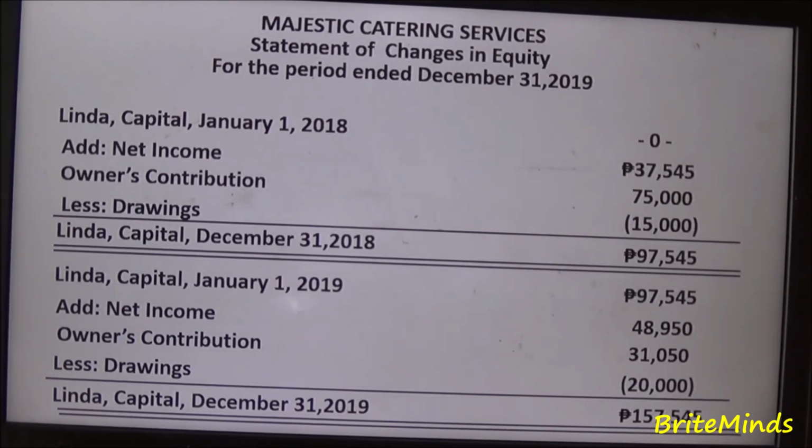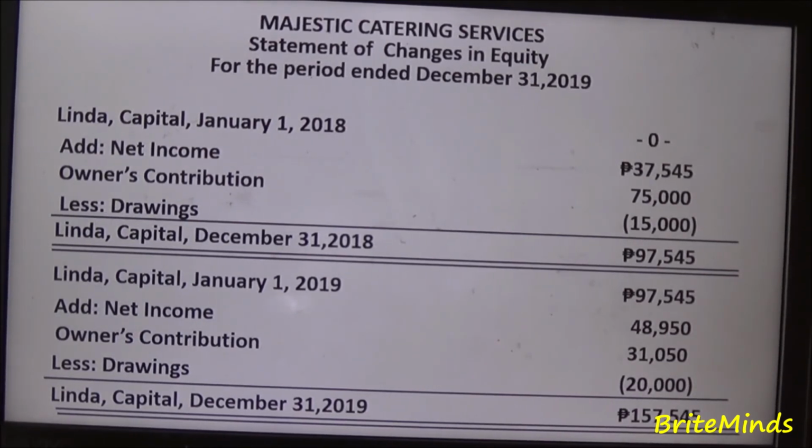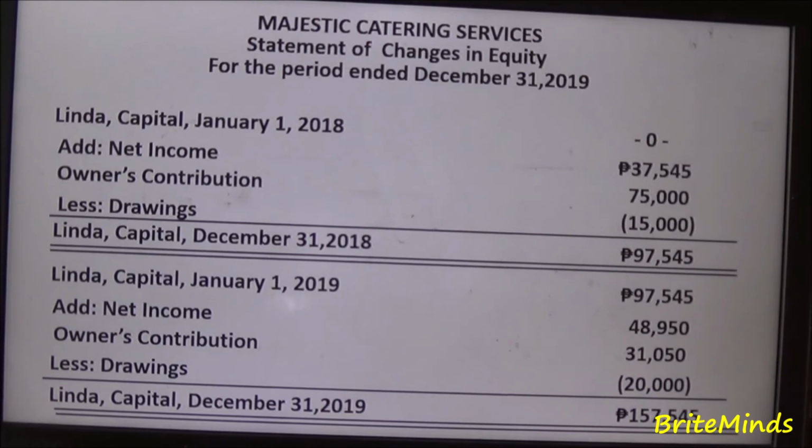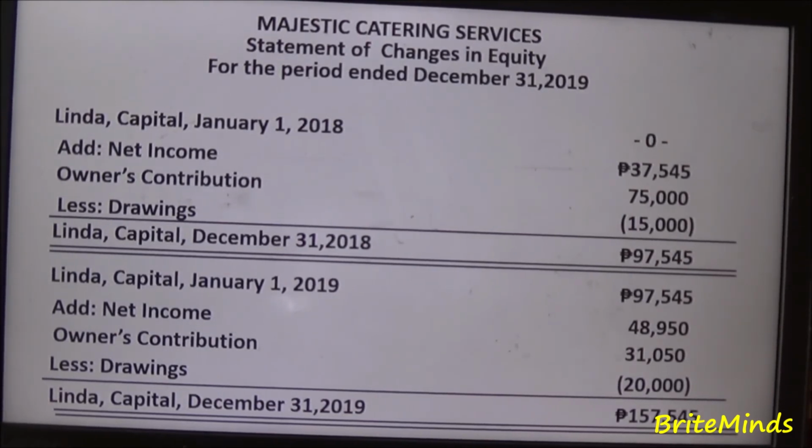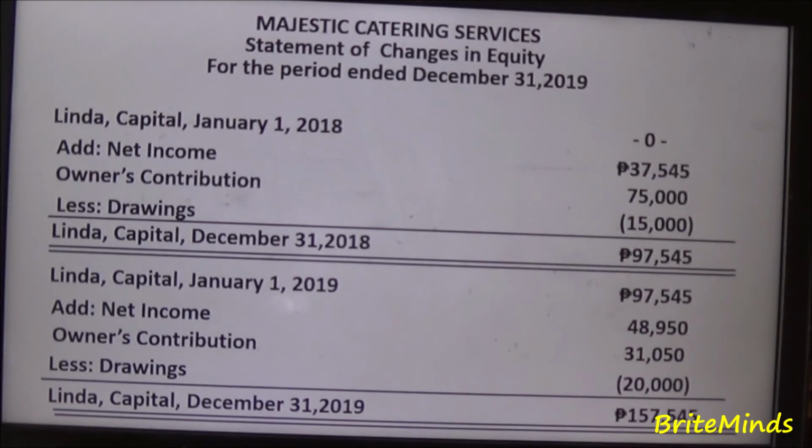Okay, so we are able to answer the questions asked. So this is the changes in equity for the year 2018. The capital account of the owner amounted to 97,545 pesos.